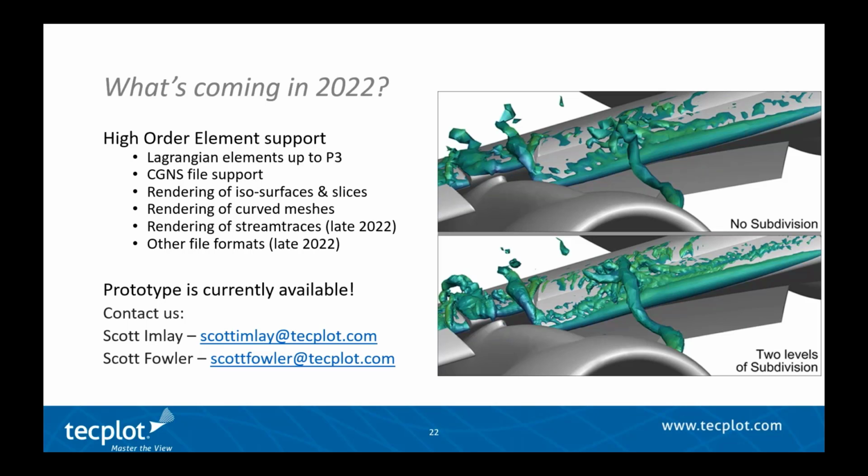We're seeing more and more commercial and government codes that are working with higher-order elements, so we're going to make our first foray into this. We're going to support Lagrangian elements up to P3.